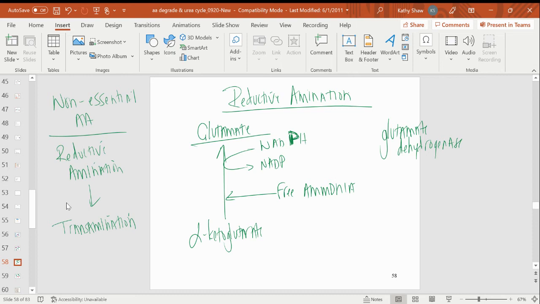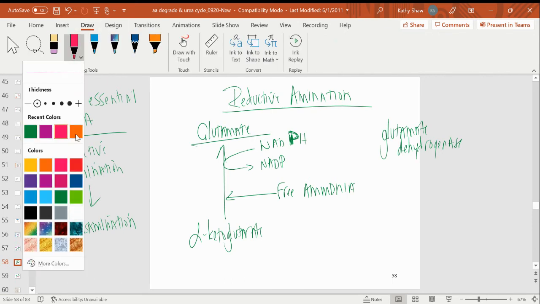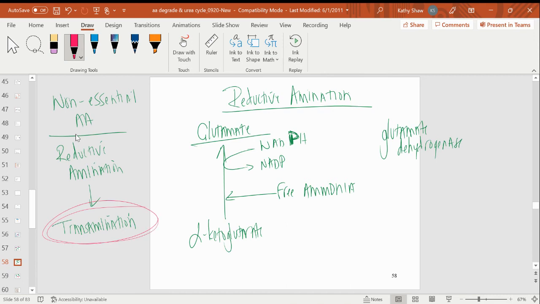So it's not an uncommon thing to get asked, which of the following processes makes me my non-essential amino acids? If you get asked that, you're going to pick transamination. Reductive amination makes me the stuff that makes me non-essential amino acids.